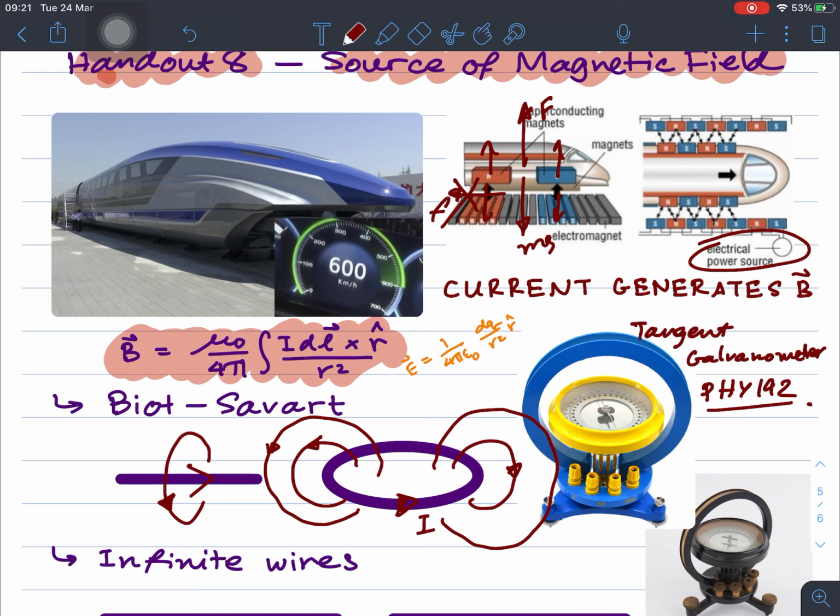The principle is we have a coil, which is the current ring up here, and the current ring will generate some magnetic field in this direction, and the magnetic field generated this way can cause a change in the direction of the compass. It will make the compass rotate along the magnetic field, and you can use this principle to measure the magnetic field of Earth.